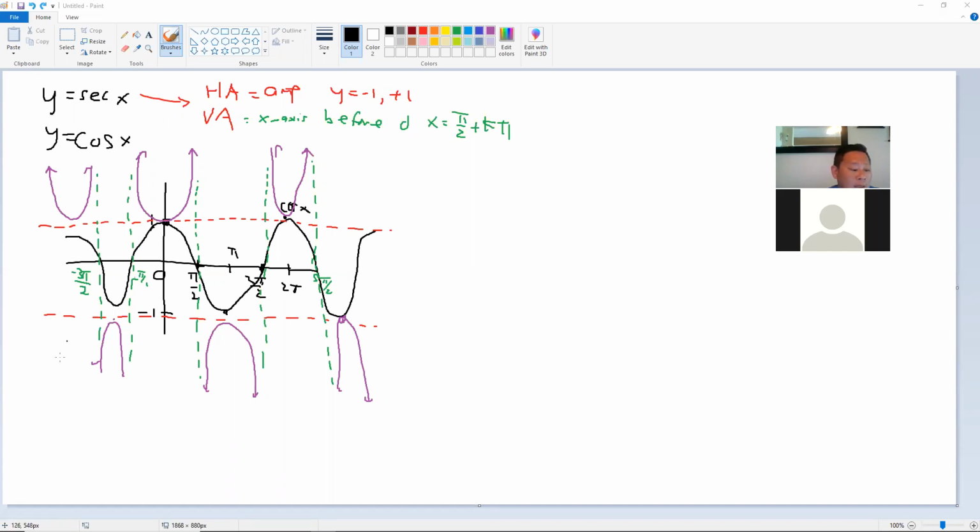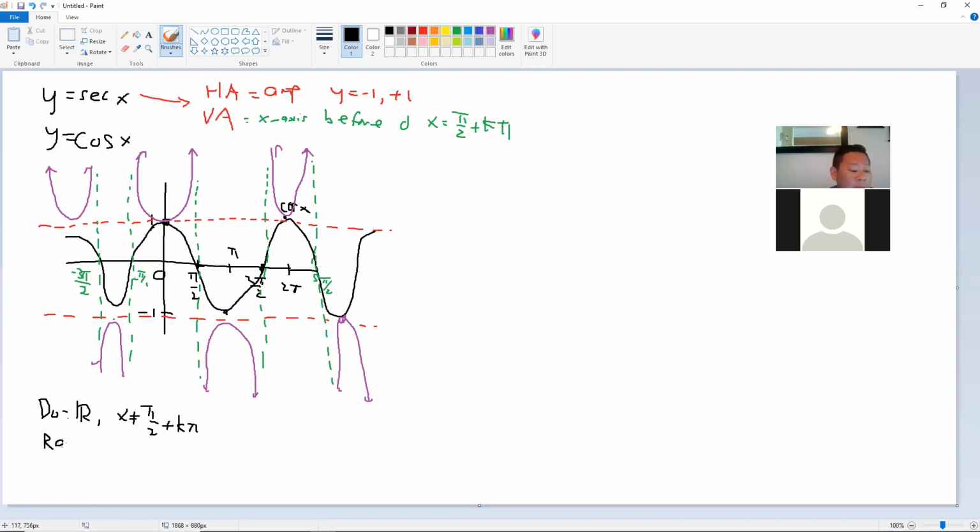So once we get this, as usual, we're going to figure out your domain. Your domain is all real numbers, x cannot be pi over 2 plus k pi, which is the same thing as your vertical asymptote. So if you know your vertical asymptote, you should know your domain because they are very similar.